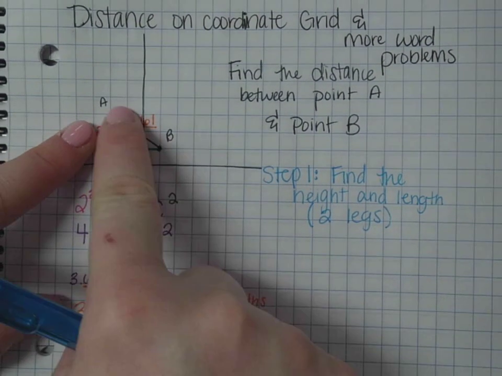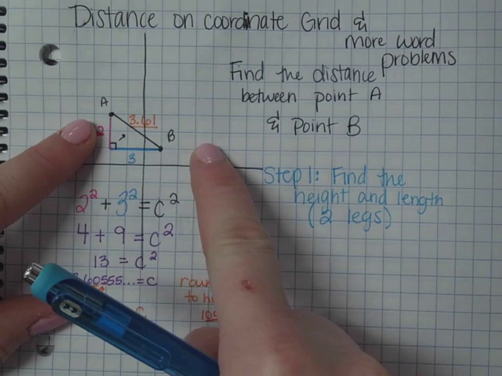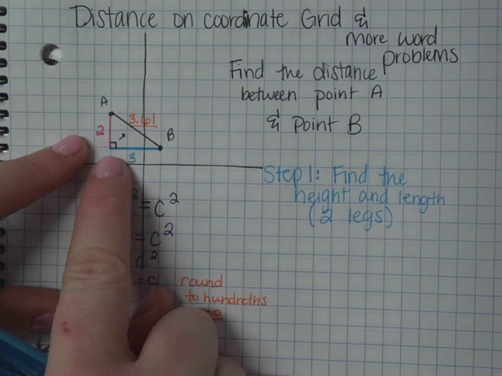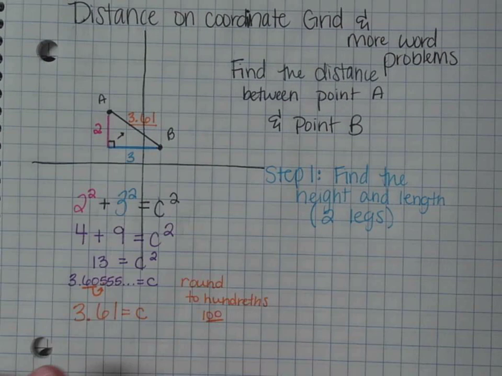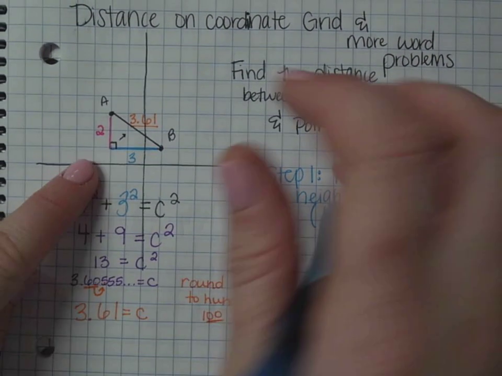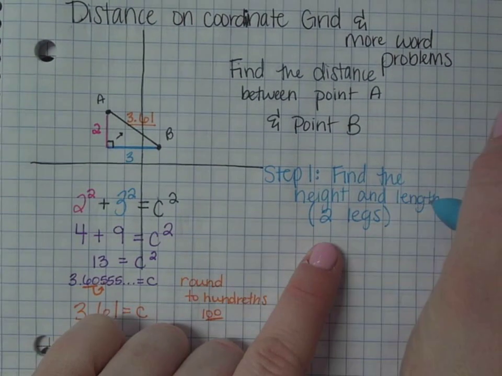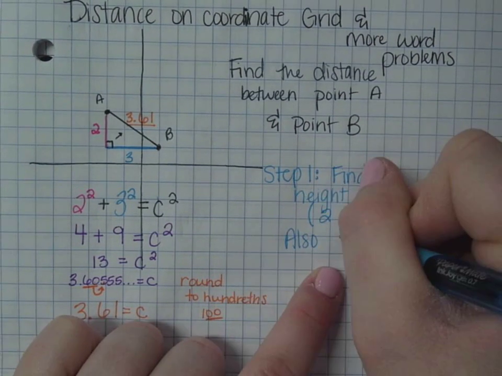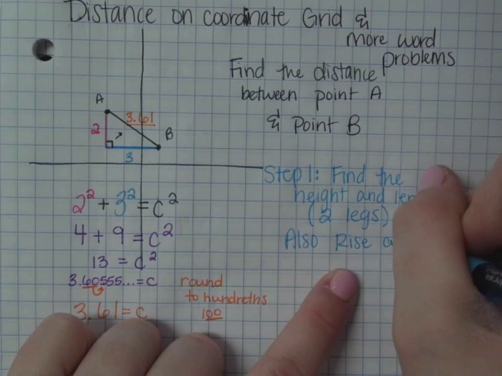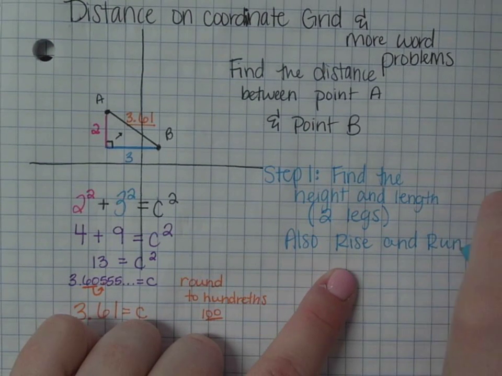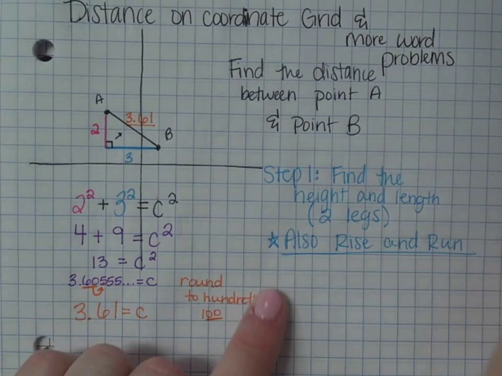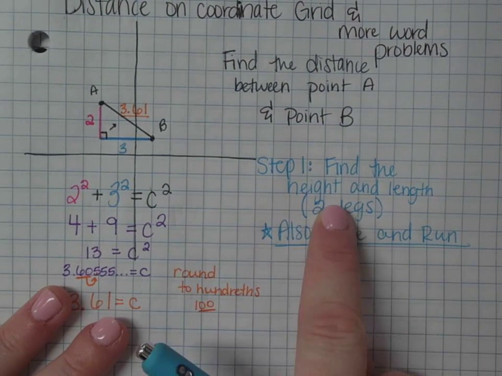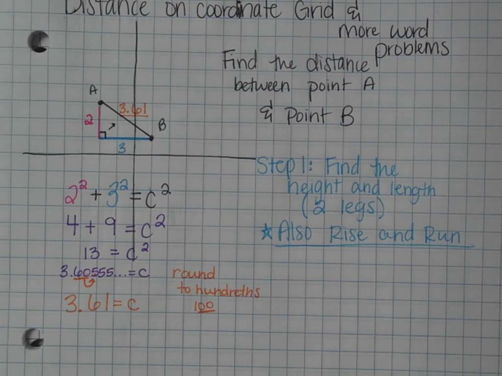Remember when we were finding the slope of a line? We would find this distance, which is just the rise, and we'd find this distance, which is just the run. So we found the height and the length, or the two legs, which is also the rise and run. So if you remember finding the rise and the run, then that's just your distance of the two legs, or how long the two legs are.